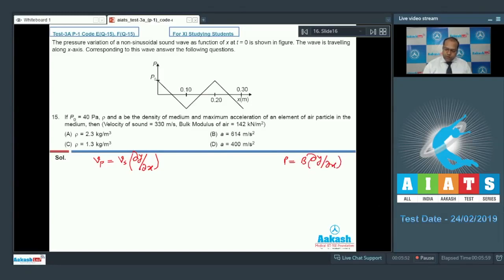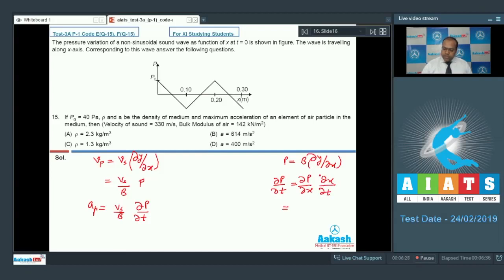If I substitute the value of del y by del x from here, it comes out to be velocity of sound divided by bulk modulus into P. The acceleration of the particle can be written as the derivative of the velocity of the particle, so Vs by B into the partial derivative of P with respect to t. The partial derivative of P with respect to t can be written as the partial derivative of P with respect to x into the partial derivative of x with respect to t.